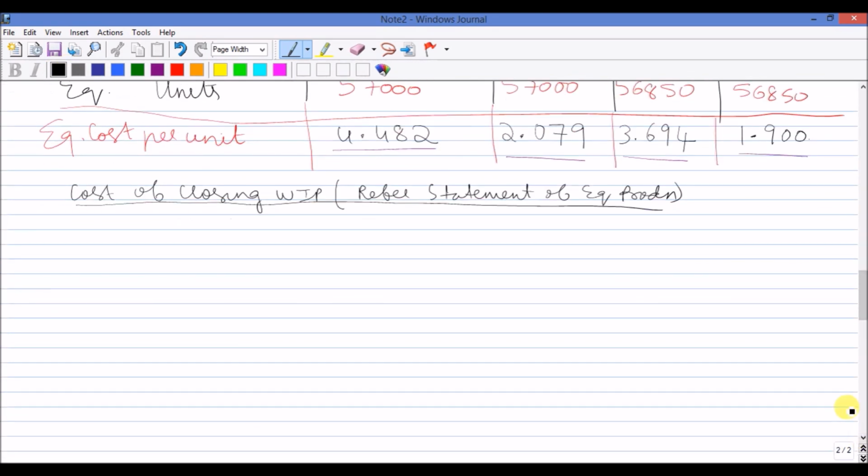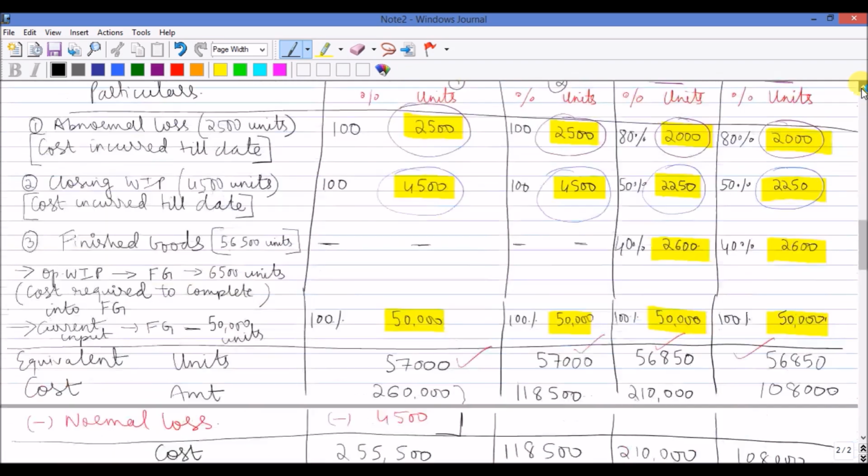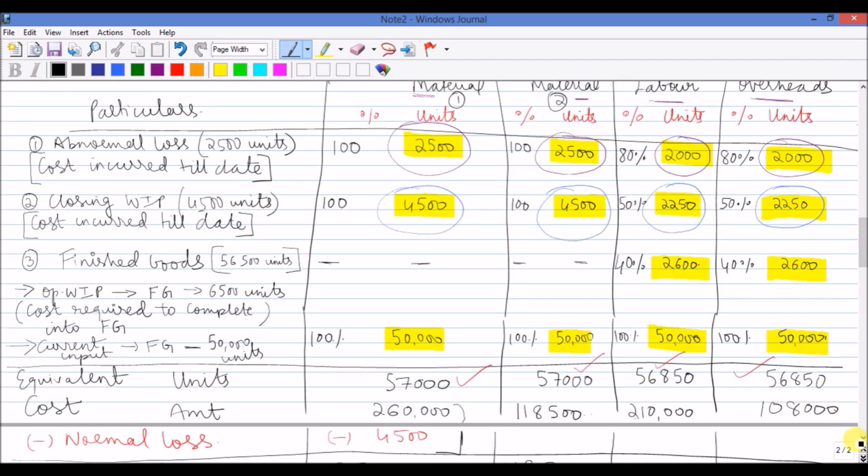So first let me write it. Material 1, then we have material 2, then we have labor, then we have overheads. So how much is material 1? 4500, 4500.